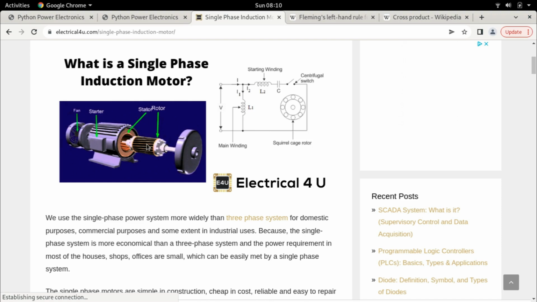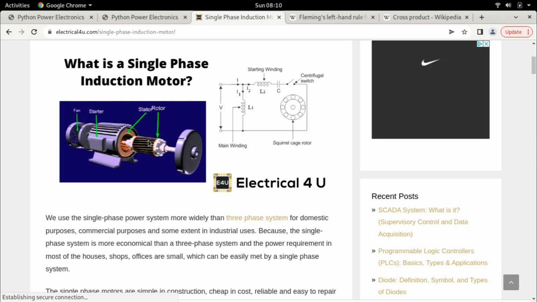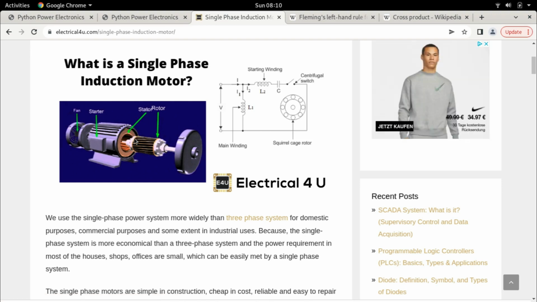So each and every rotor bar is experiencing a mechanical force which is proportional to the flux density, the length of this rotor bar, the current flowing through the rotor, and the angle between the flux density and the rotor bar.